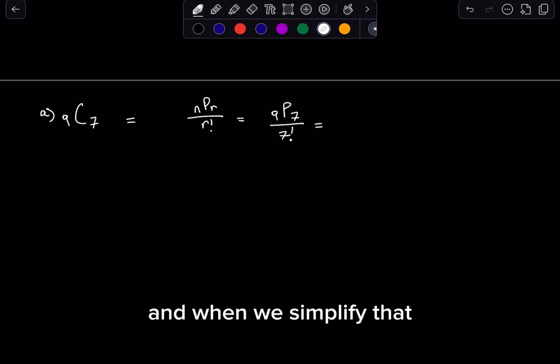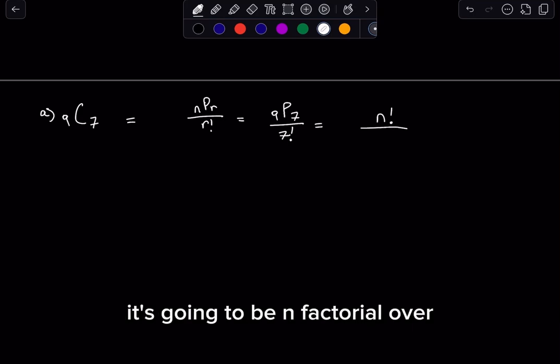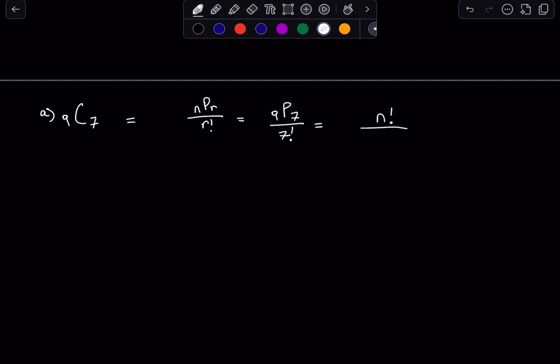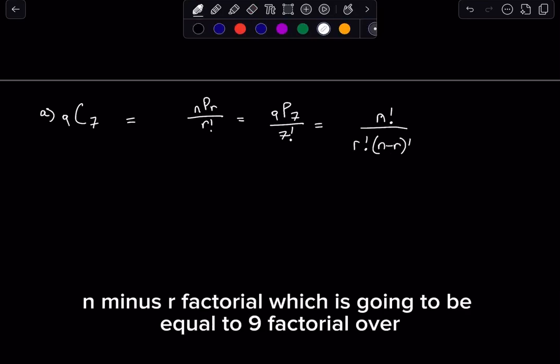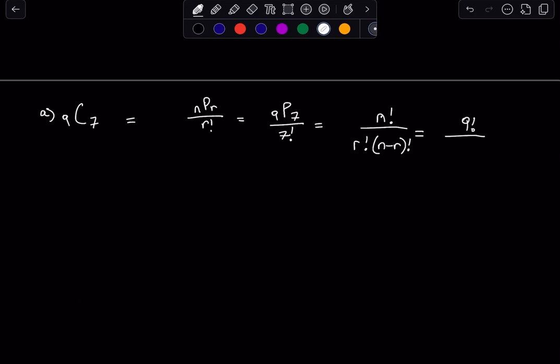And when we simplify that, it's going to be n factorial over r factorial times (n minus r) factorial, which is going to be equal to 9 factorial over 7 factorial times (9 minus 7) factorial.